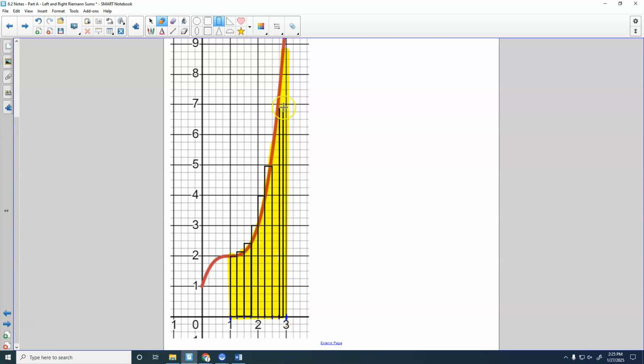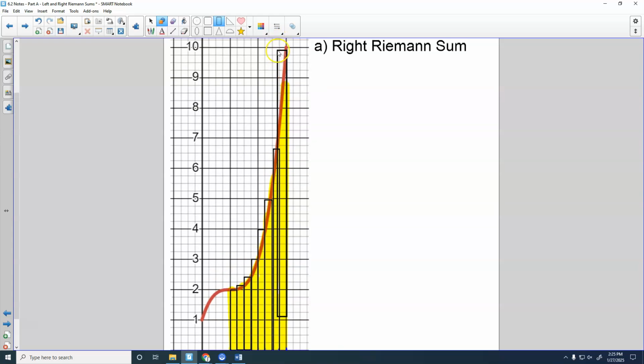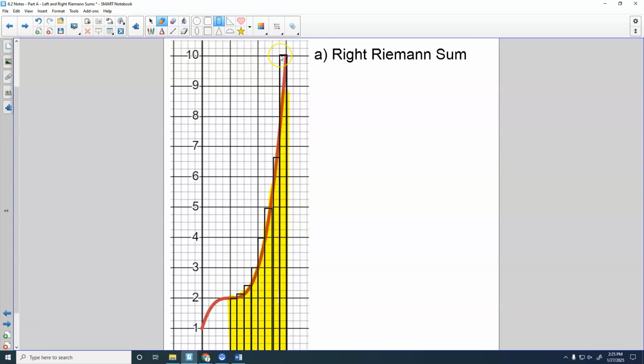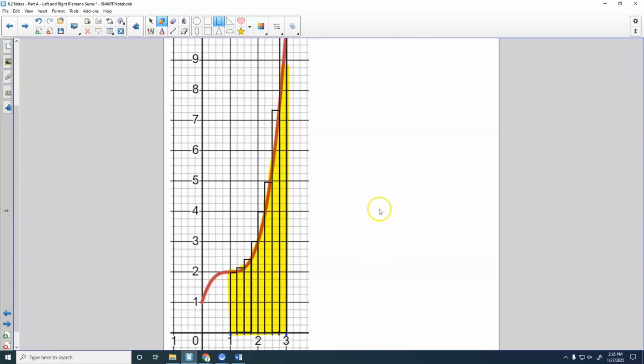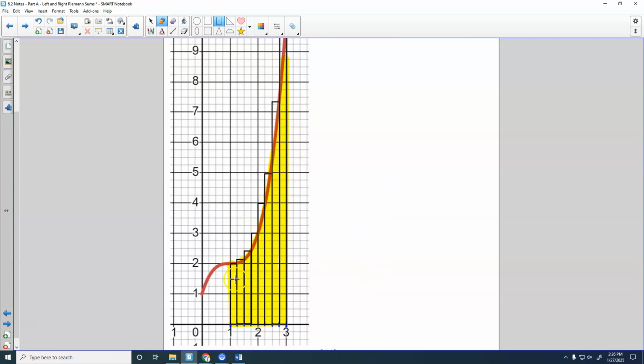I know they're so small it may be hard to draw in by hand. Mine are starting to overlap here. I think this last one's way up here. I think I didn't make that one right. Let me try that one right there again. I think that was right there. Okay, so all of those little rectangles right there would be the ones that we need to find the area of.